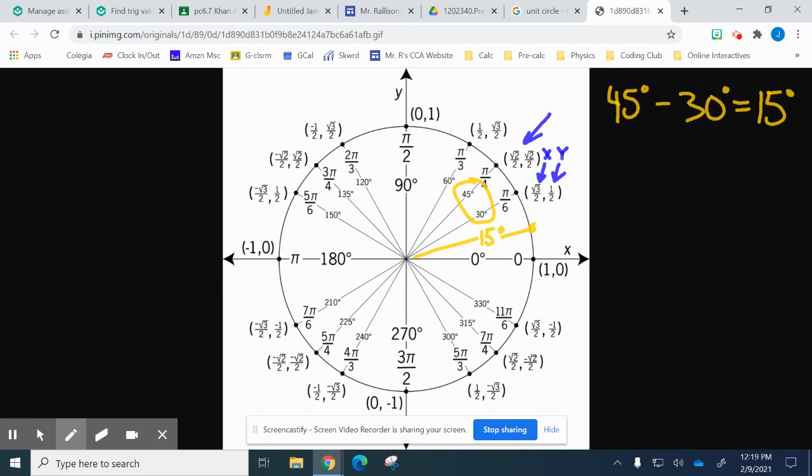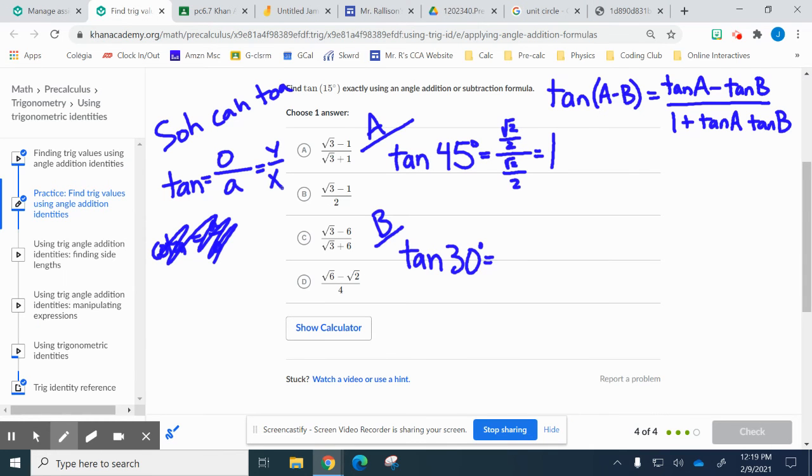So it's going to be 1/2 over square root of 3 over 2. So the first thing that's going to happen is those 2's are going to cancel out. So all you're going to be left with is 1 over square root of 3. And all of a sudden, things don't look so desperate, do they?